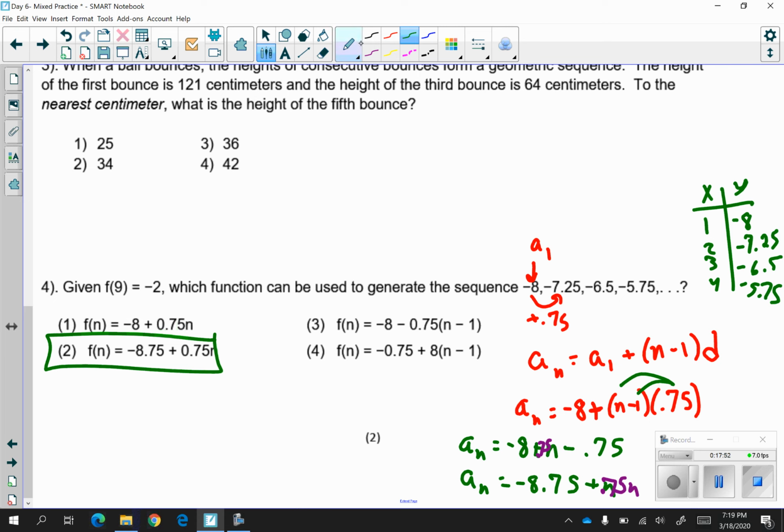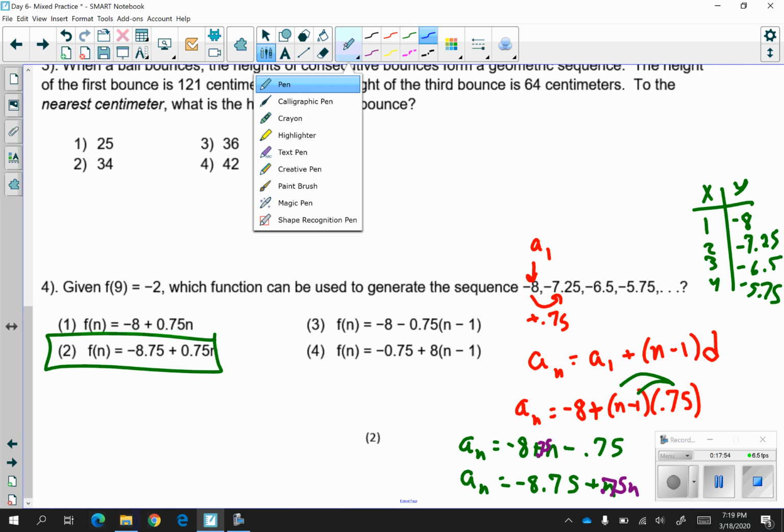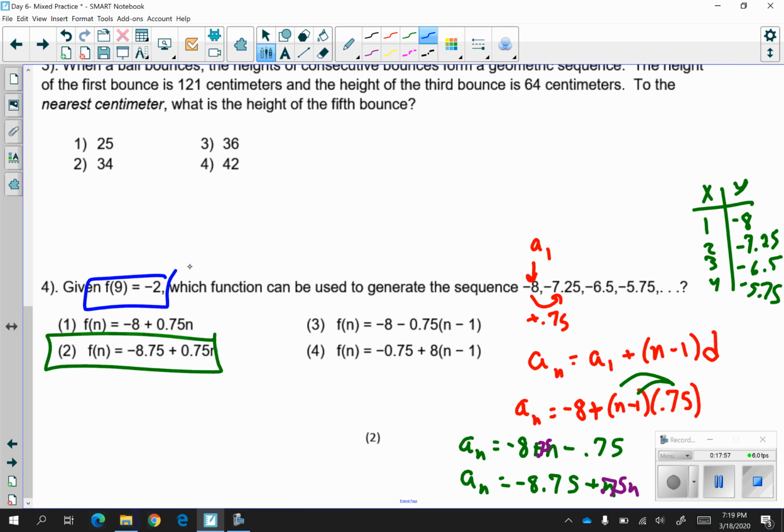Or you could have used the other piece of information that they gave you, which is that f of 9 equals -2. So if you're plugging in 9 to all of these, which one gives you -2? So you're looking for specifically, when you plug in 9, do you get out -2? And that would be choice 2. So 3 different ways to do the same exact problem.